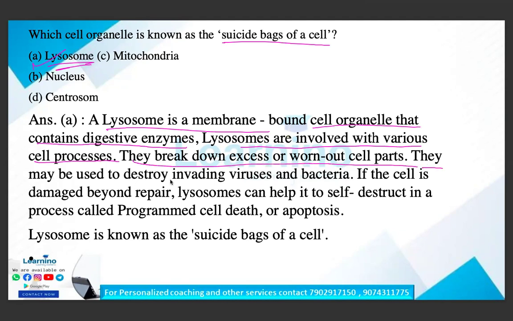They may be used to destroy invading viruses and bacteria. If the cell is damaged beyond repair, lysosomes can help it self-destruct in a process called programmed cell death or apoptosis. Lysosome is known as the suicide bag of the cell.